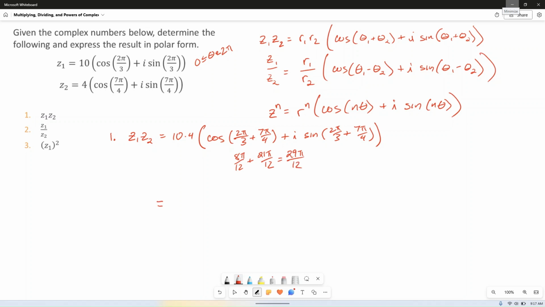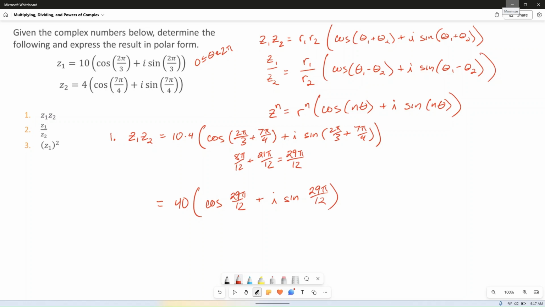So z1 times z2 is going to be 40 times the quantity cosine of 29 pi over 12 plus i sine of 29 pi over 12.